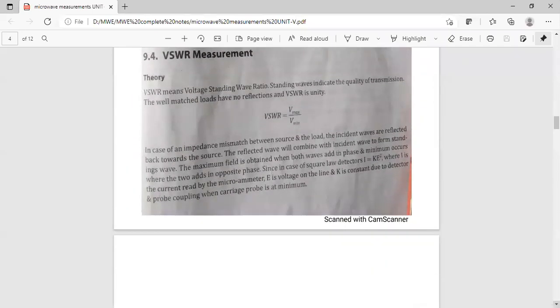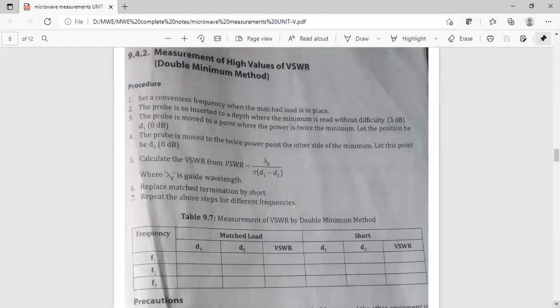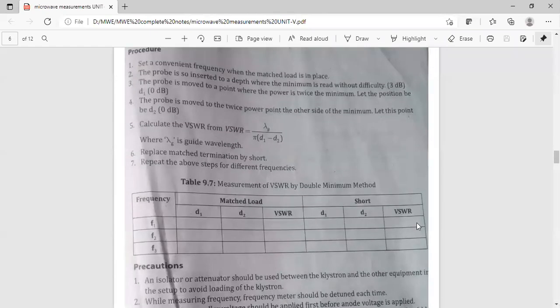Next, VSWR is nothing but Vmax by Vmin. Just now we discussed the double minima method. For matched loads, I have given one graph that we have to draw like this.